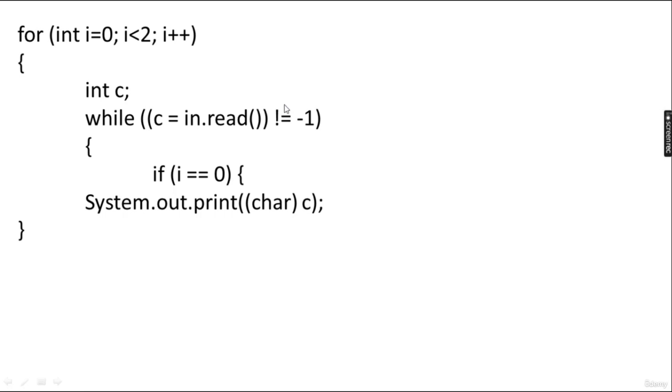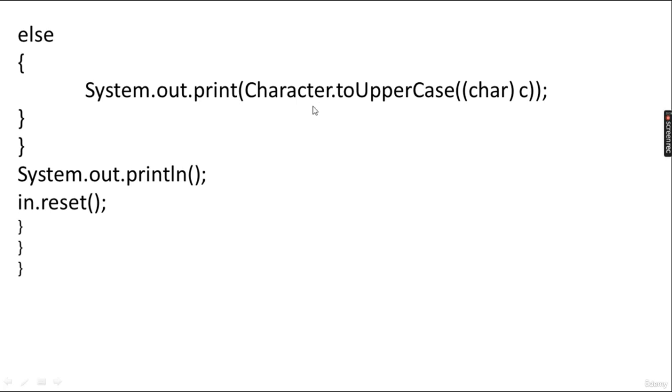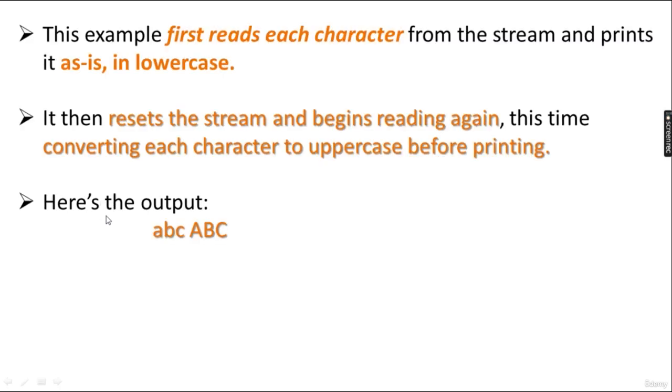If it is not -1, meaning end of input is not encountered, if i is equal to 0, then we are printing the character representation of c, else Character.toUpperCase(c), and then in.reset().